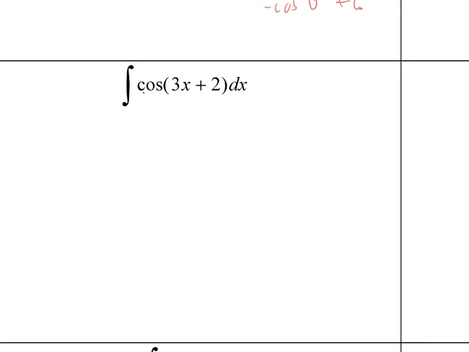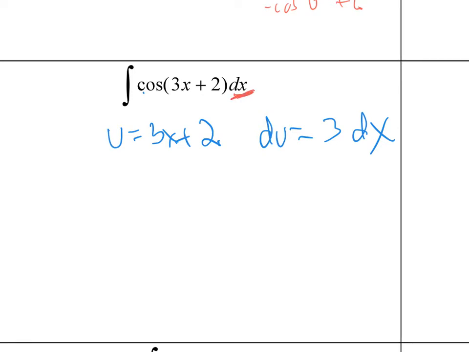Okay, let's see. Let u equal to 3x plus 2. Then du would have to be the derivative of this, which is 3 with respect to x. And I'm so sad. I'm brokenhearted. All I have is a dx and the integral. What am I missing? You're right. I'm missing the 3.